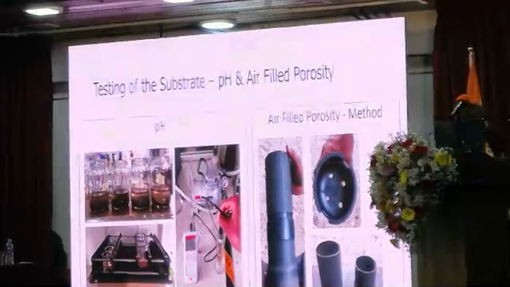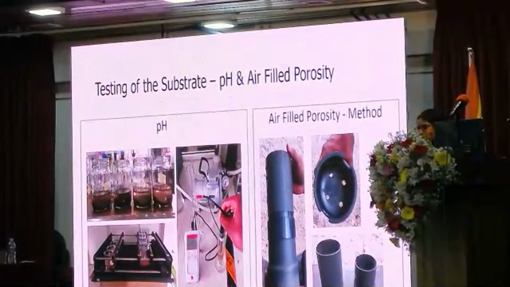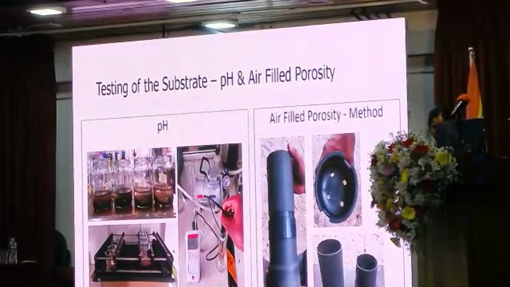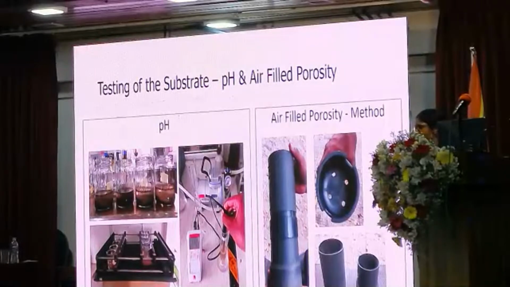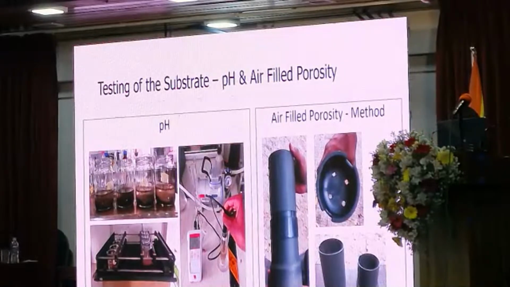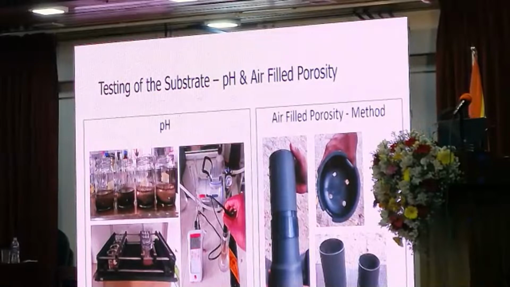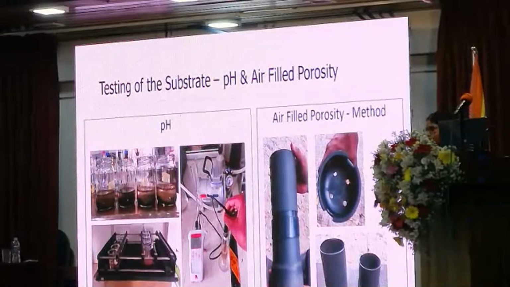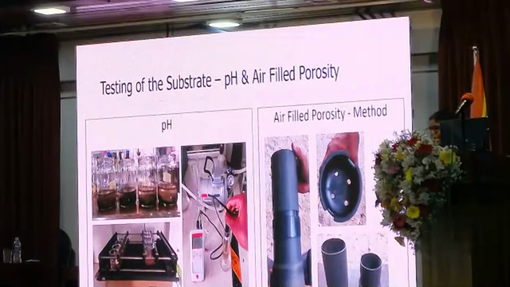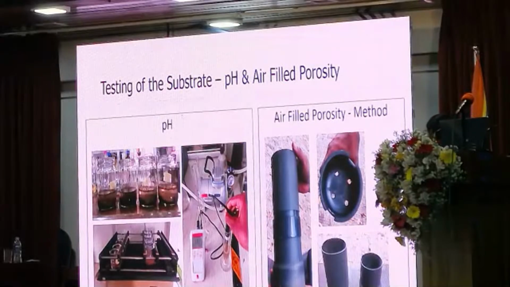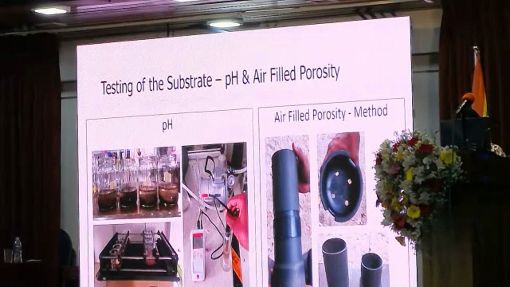We tested for the pH as well. The pH of all the soil samples were within the accepted range. Next, to check for the air-filled porosity, we used the Australian standard method for potting mixes, and this is how we developed our apparatus. It consisted of two parts, the upper part and the lower part, which should be connected together to form a cylinder. In the bottom part, there were four holes that were made.